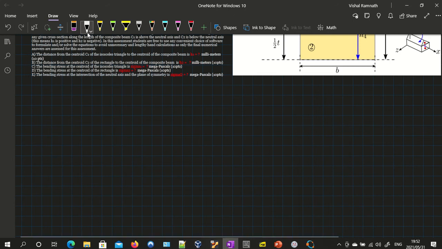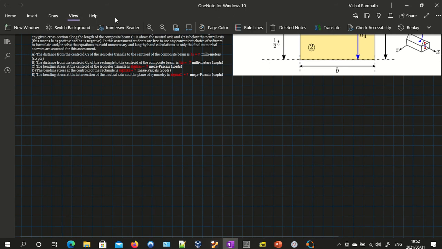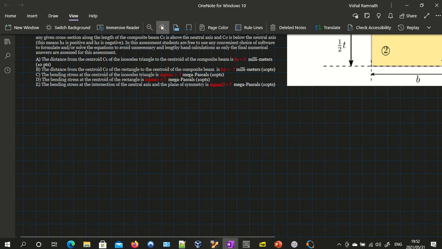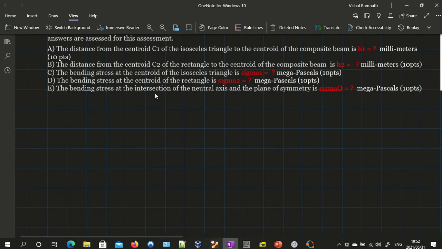So what we do is just from the geometry, we can work out these parameters. Purely from the geometry, what we have is the following. We immediately have that h1 minus h3 is 1/3 of the height.